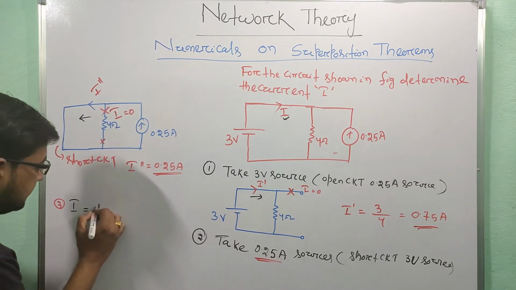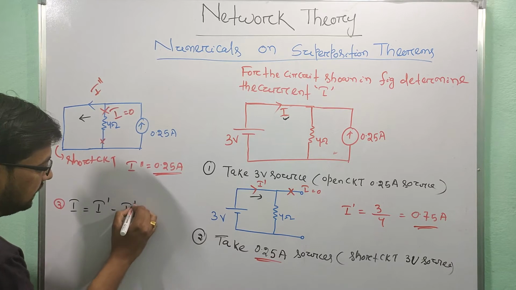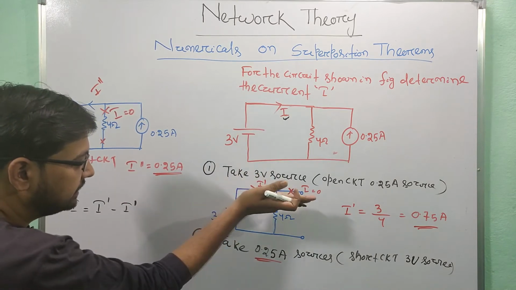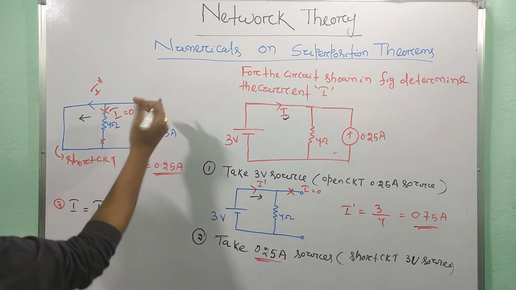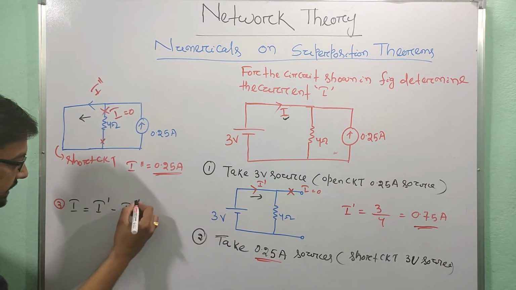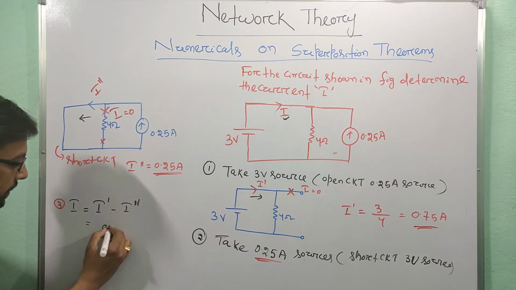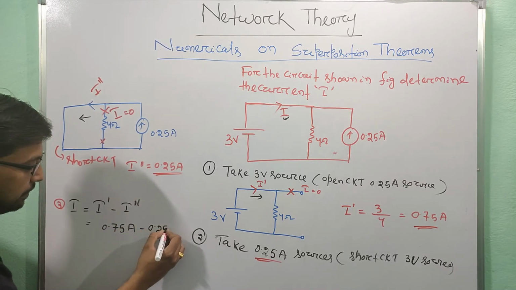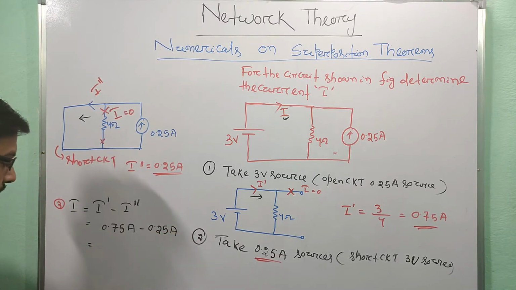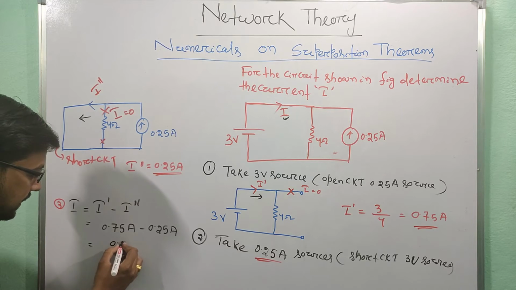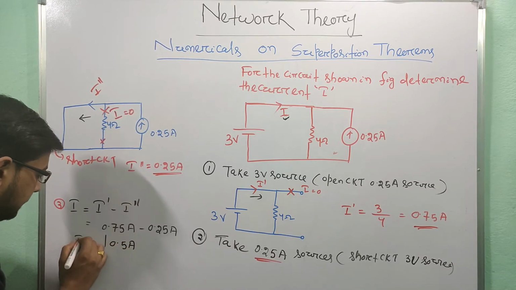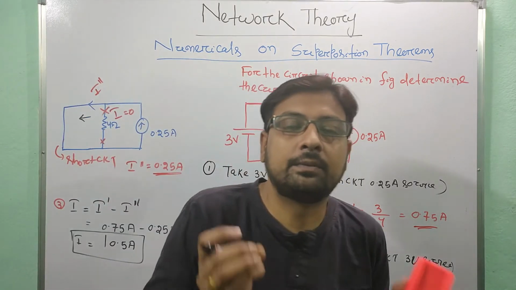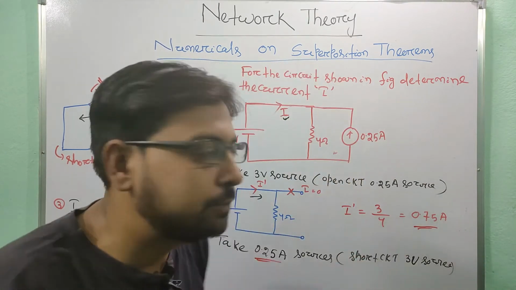So 0.75 ampere minus 0.25 ampere is equal to 0.5 ampere. So the I value is 0.5 ampere. This is a simple problem, or numerical, based on the superposition theorem.